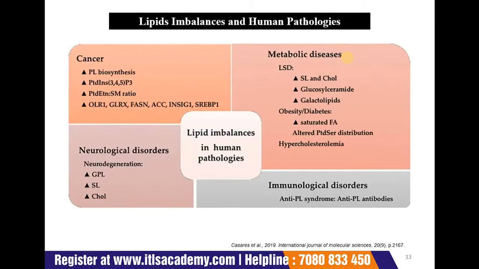Now, what happens if you get a defect in lipids? Lipid imbalances are associated with a lot of human pathologies. The lipidome of cellular organelles is remodeled not only under physiological conditions but also under pathological conditions.